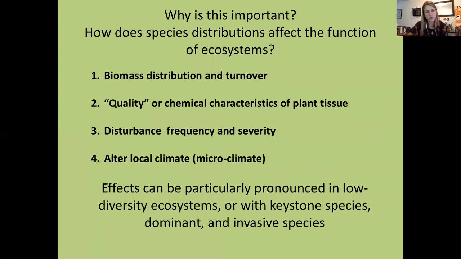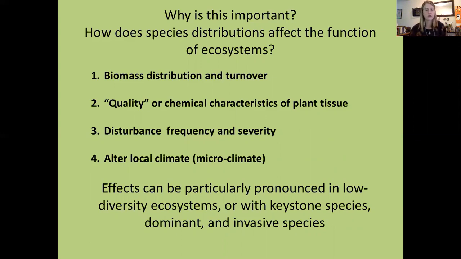So why is this important? How does species distribution affect the function of ecosystems? So where the trees are going, why is that important to the processes and patterns that occur within an ecosystem? The first is that the species distribution can affect the biomass distribution and turnover. So this is important when we think of it in respect to carbon sequestration.